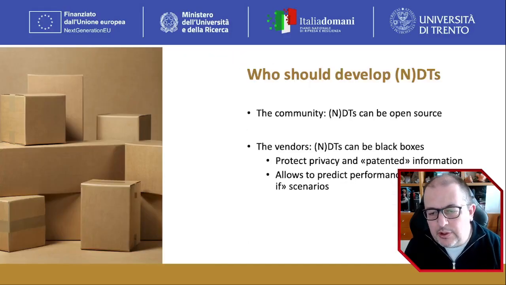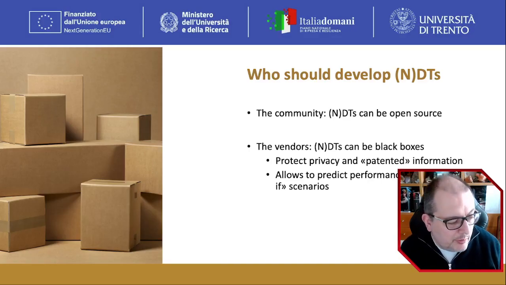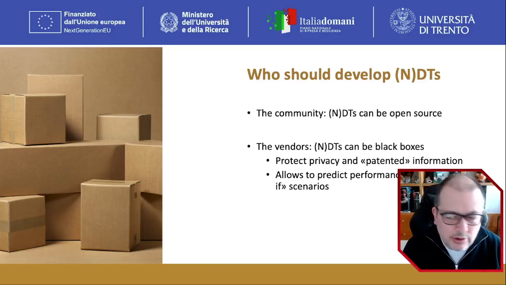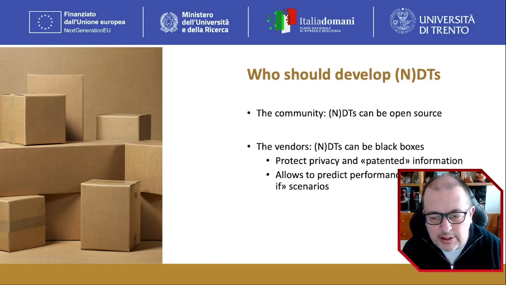Then we also addressed a few additional points that we believe are interesting. One is who should develop network digital twins, in the sense that most available digital twins today are mostly open source. So they are built by the community based on models that are commonly accepted. However, even vendors could build their own network digital twins.